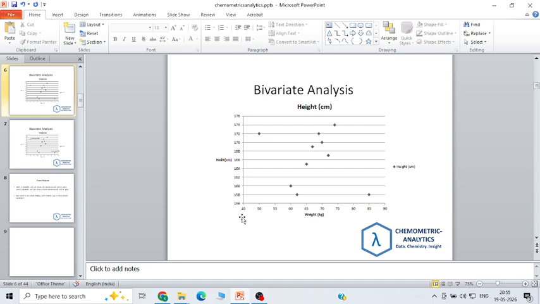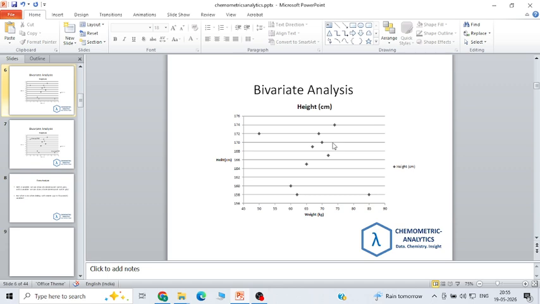It tells clearly that there is some sort of linear dependency between height and weight. As you grow tall, you put on some weight, which is normal, as when your child grows tall, he also increases in weight, right?